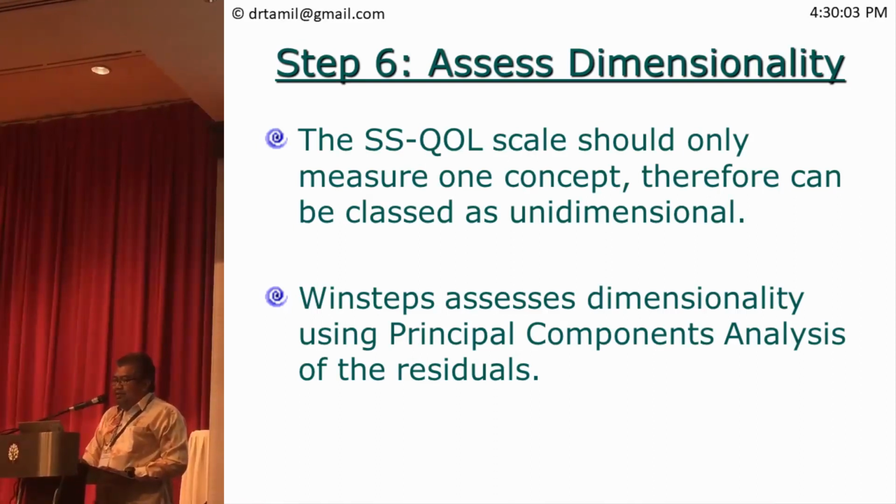So the beauty of Rasch, they will check whether your questionnaire is measuring only one concept or more than one concept. If it is measuring only one concept, therefore it is unidimensional, therefore you can use what we call the global score as an overall latent trait scoring of whatever you're measuring.